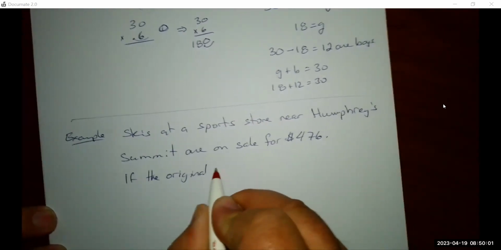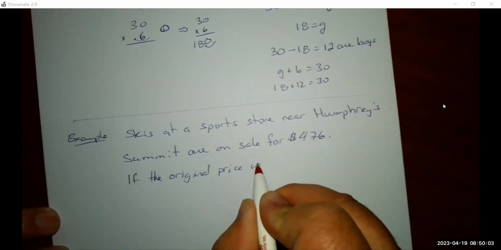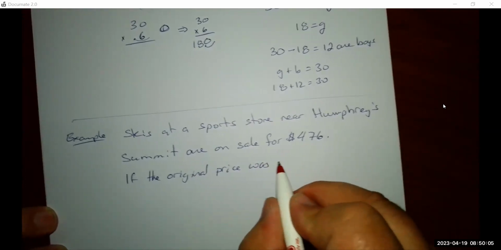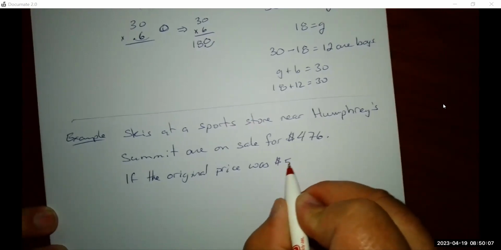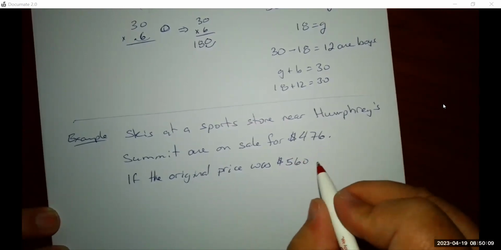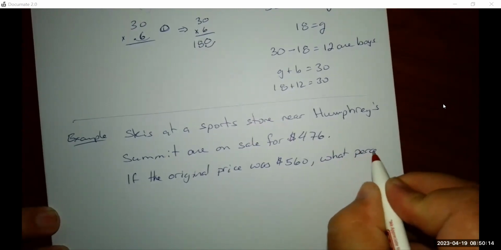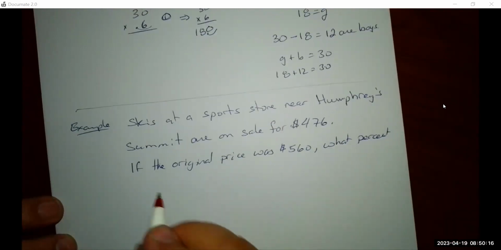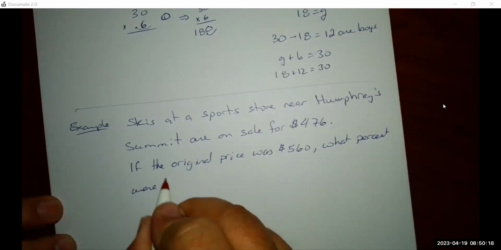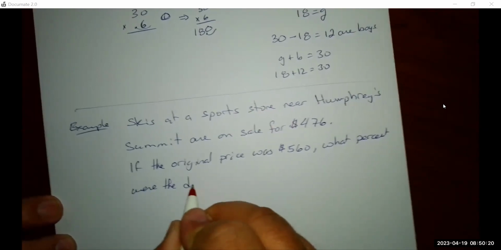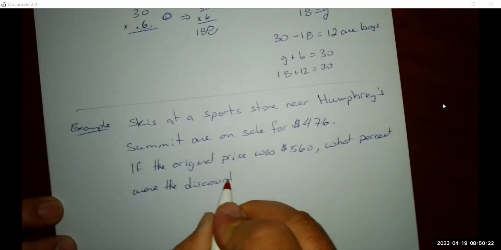If the original price was $560, what percent were they discounted?